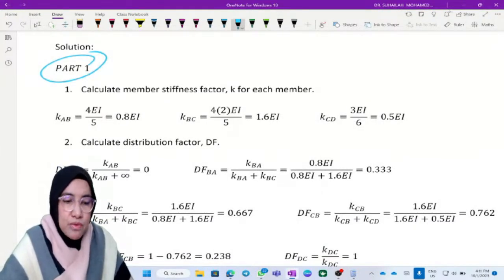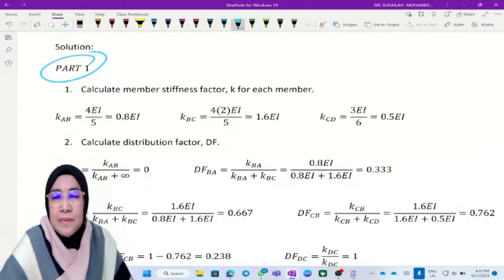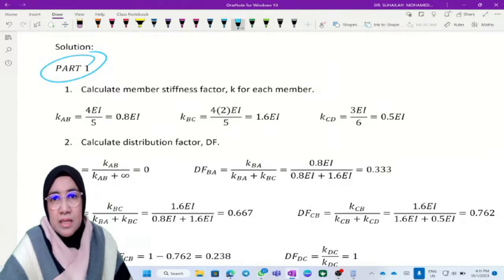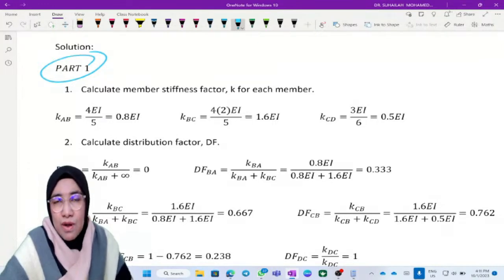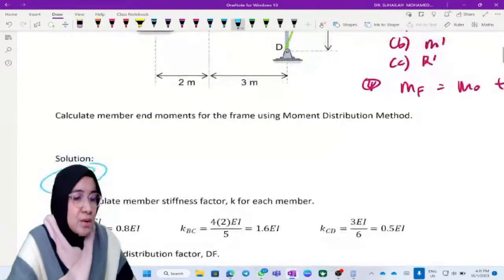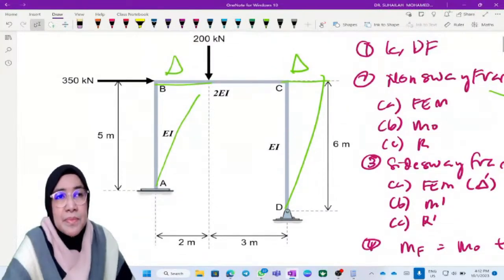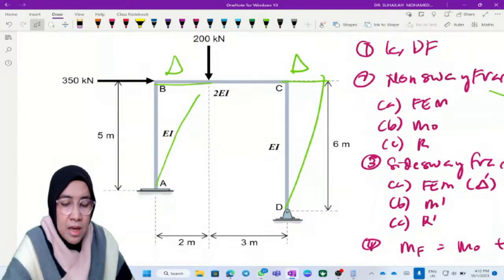So number 1, we have to calculate the stiffness factor. In calculating stiffness factor, you have to be careful because we normally use two formulas based on far end condition. We have 3EI over L for a far end pin or roller, and 4EI over L for a far end fixed.